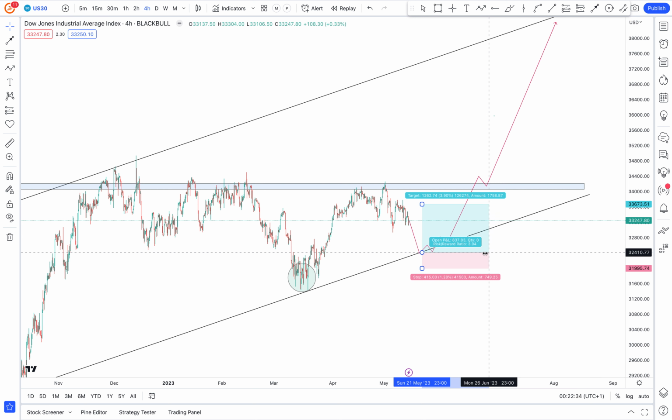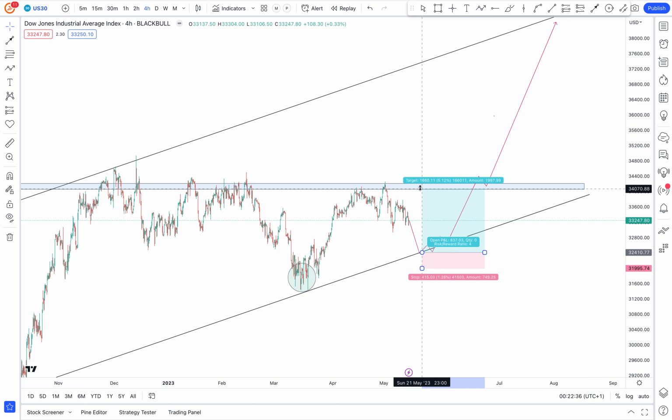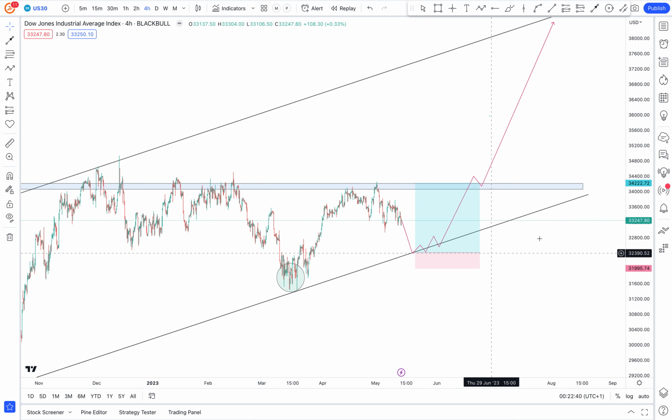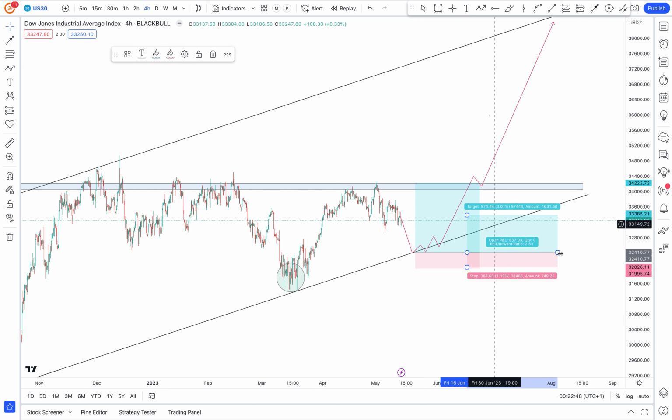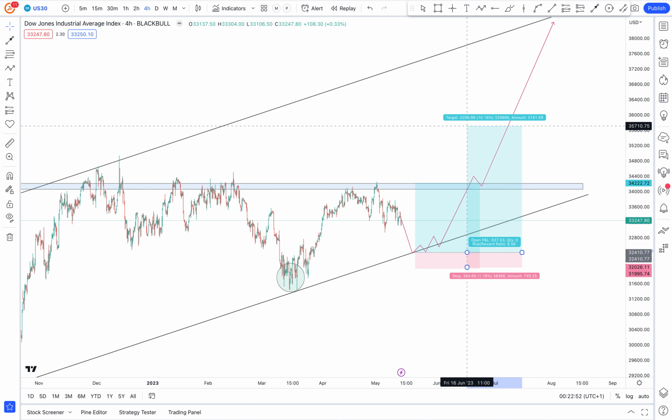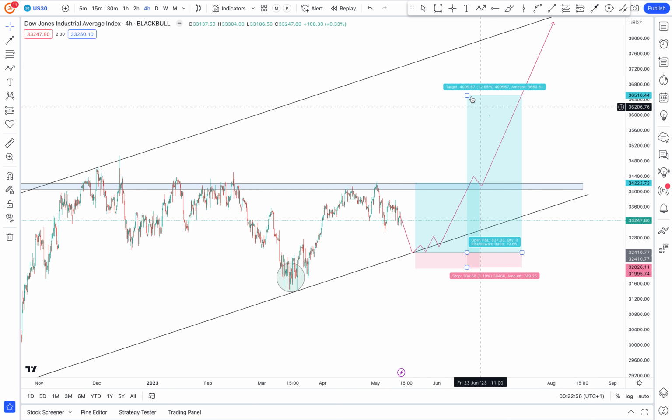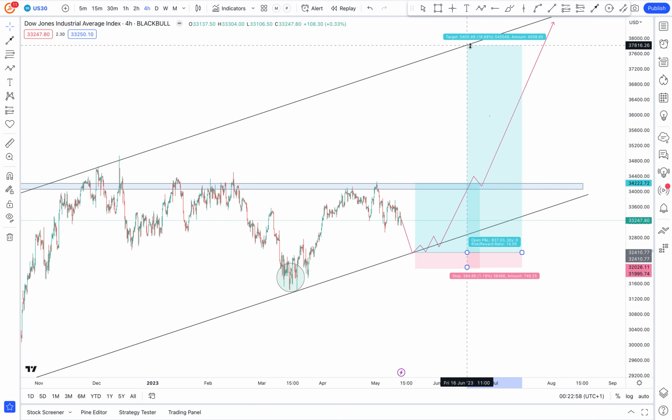My first profit target would be here, at this resistance. This should be my first profit target, and then my second profit target should be here, guys. So I'll be expecting some further bullish movement up to this resistance trend line.